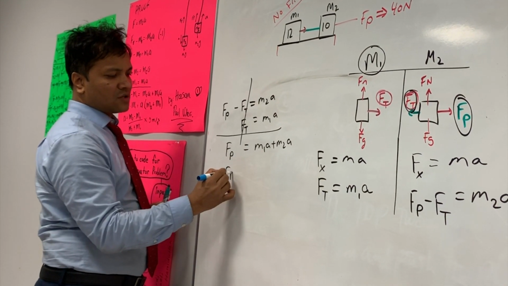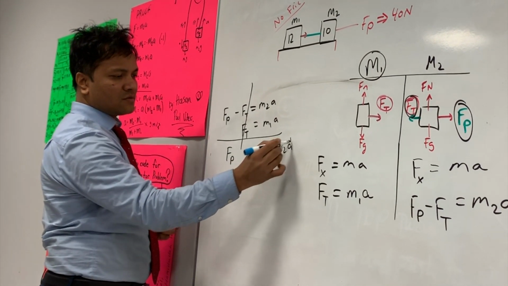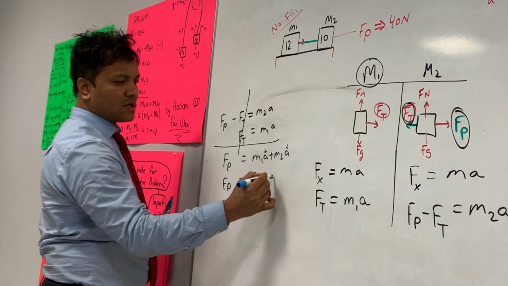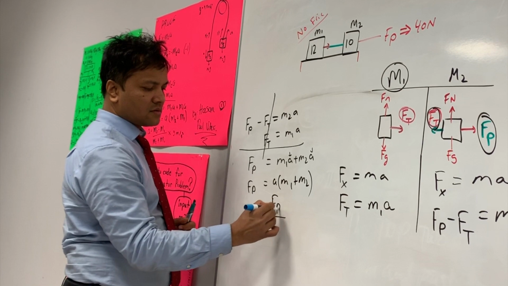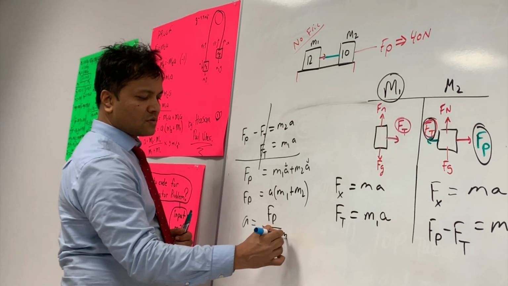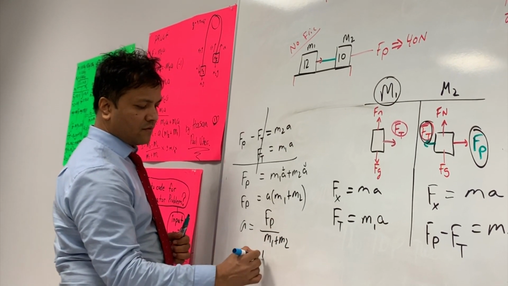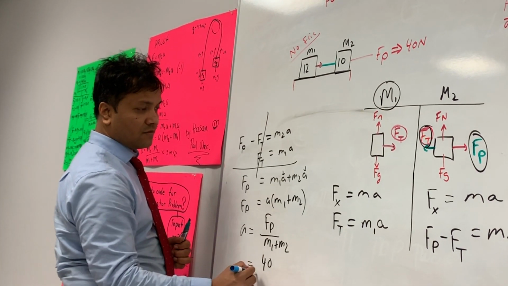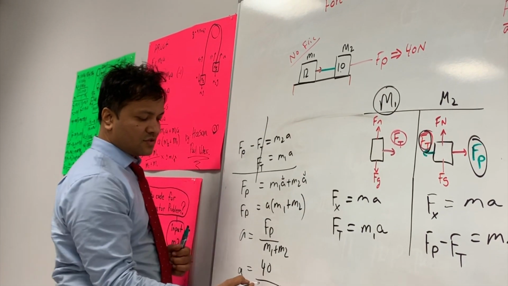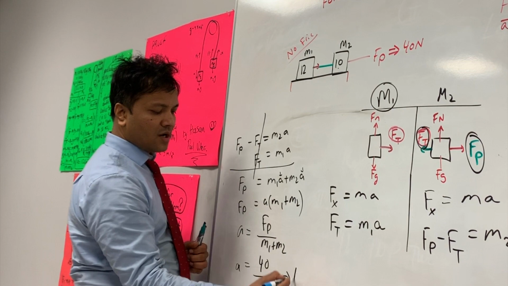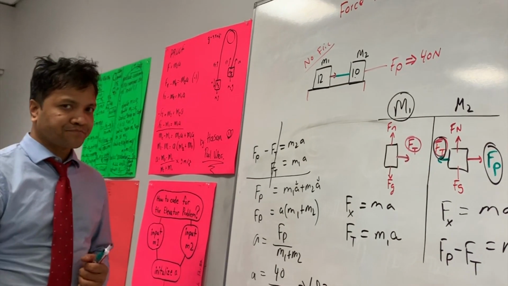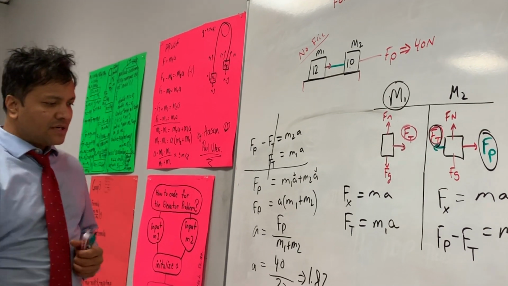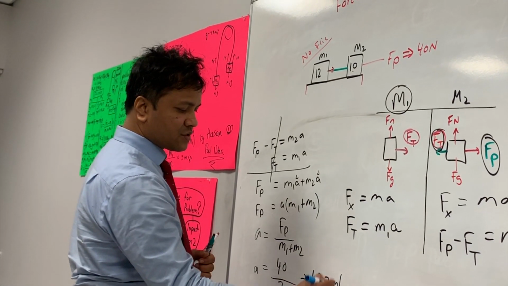I have a common factor, a, times m1 plus m2. So a is equal to Fp over m1 plus m2. So a is equal to 40 over 12 plus 10, which is 22, which is 1.82, I believe. Alright, so this is our acceleration, meters per second squared.